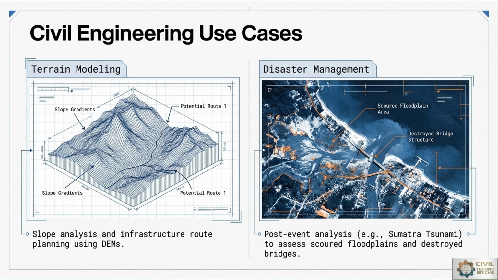The second is disaster management, from the post-analysis point of view. As a disaster event occurs, we have to analyze that event based on floodplains, destroyed bridges, damages, and many more activities. For example, for the Sumatra tsunami, the civil engineering use cases are the scoured floodplain area and the destroyed bridge structure.